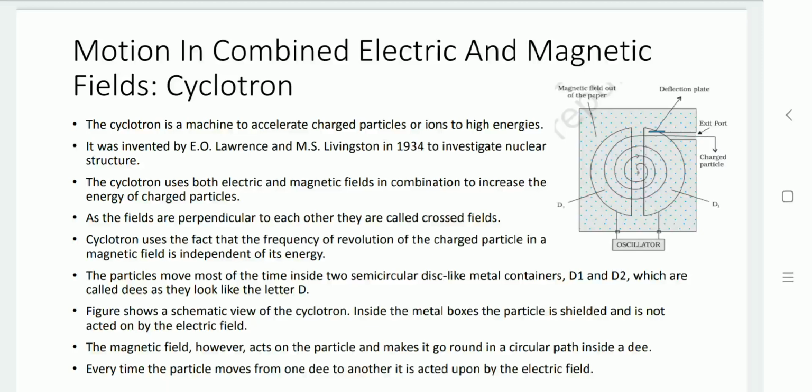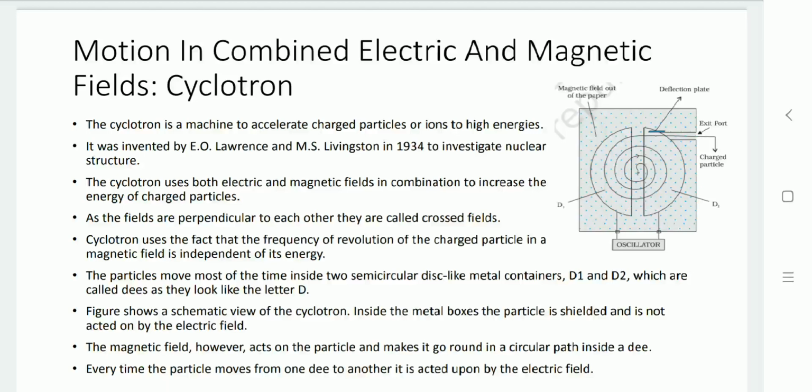I repeat, when the electron is present inside the same D, for example D1, the electric field does not affect it, but the magnetic field does, moving it from one D to another in a circular path.